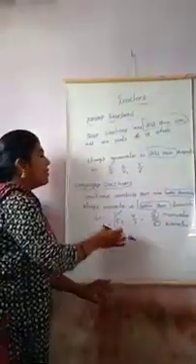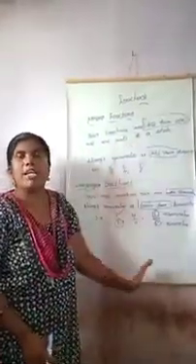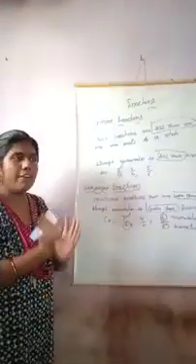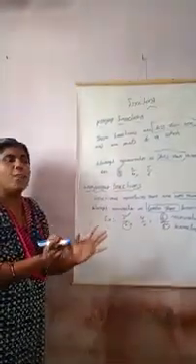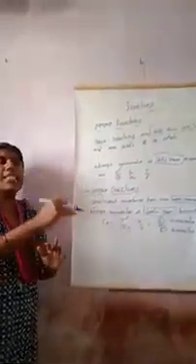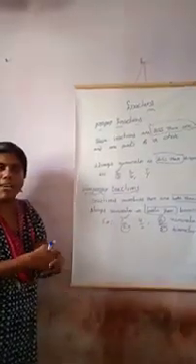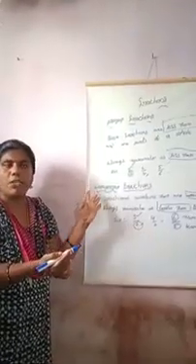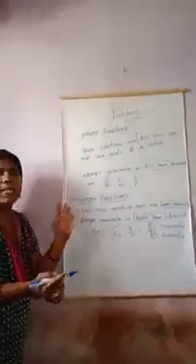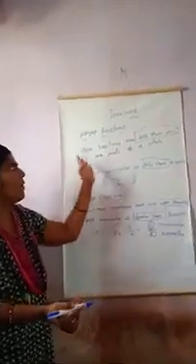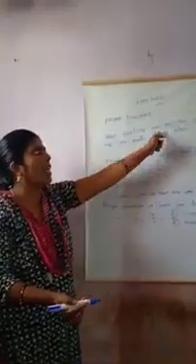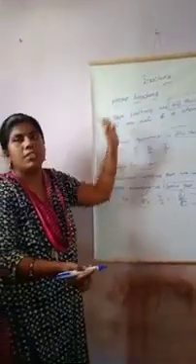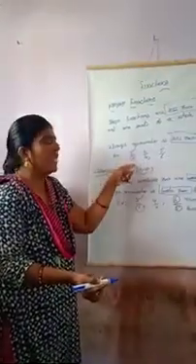What is the difference between a proper fraction and an improper fraction? Only one difference: a proper fraction is less than 1, an improper fraction is more than 1. Is it clear? Proper fractions are less than 1 and are a part of a whole, for example 2 by 3.